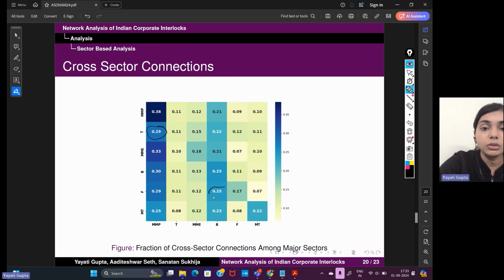Let's say you pick this one. This one shows, out of all the edges emanating from the finance sector, how many terminate in the business sector. So what we see here is that almost all the sectors have a good fraction of ties ending in the manufacturing metals and the business sectors.